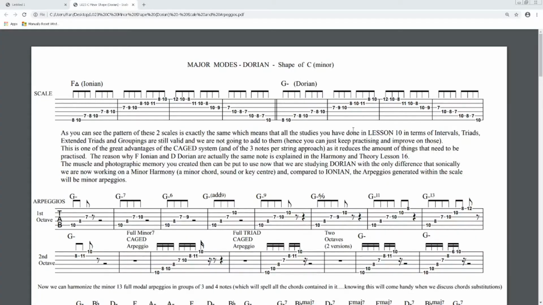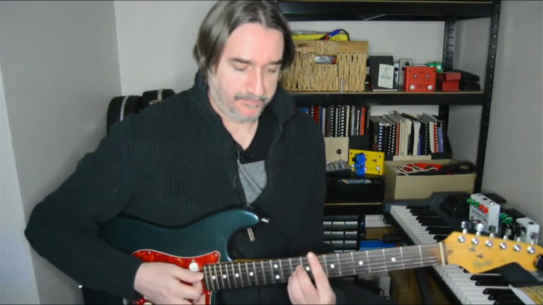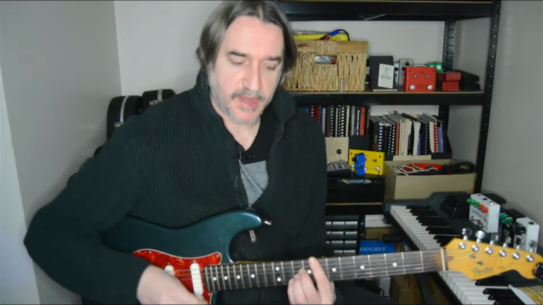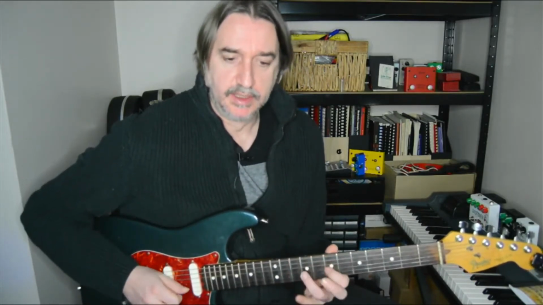So it's important that you understand that at the end of the day, what we did in lesson 10, which was our F in the shape of A, so we started the scale, and in that PDF there are all the exercises you can do in terms of the intervals contained in this particular shape, all the triadic studies, groupings, extended triads.